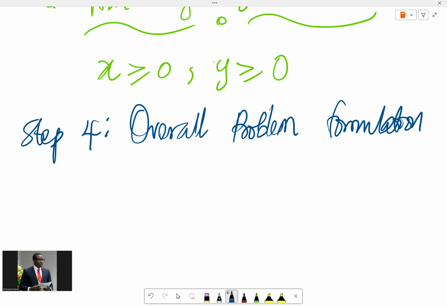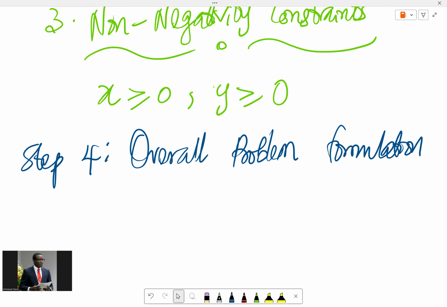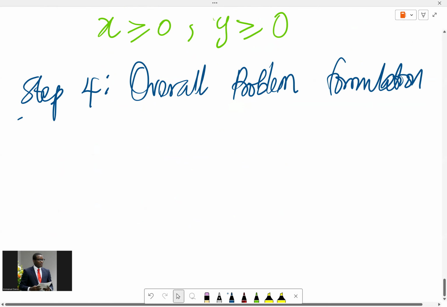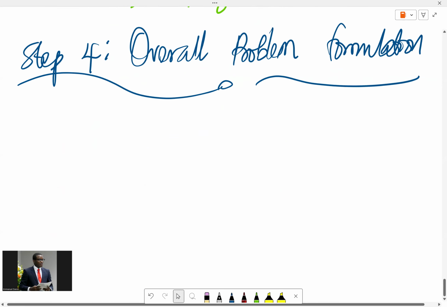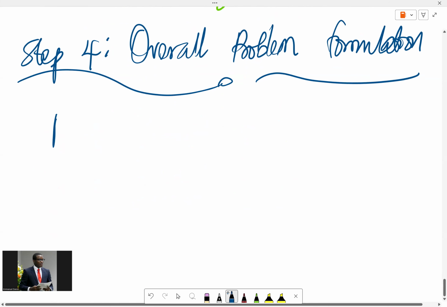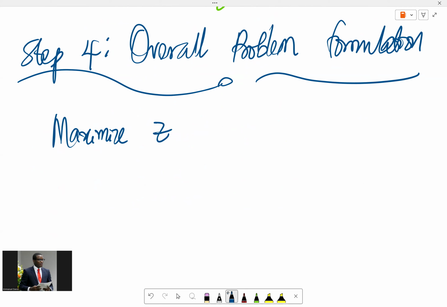Here you just put everything together. And that is simply this: maximize Z equals 50,000 X plus 60,000 Y.